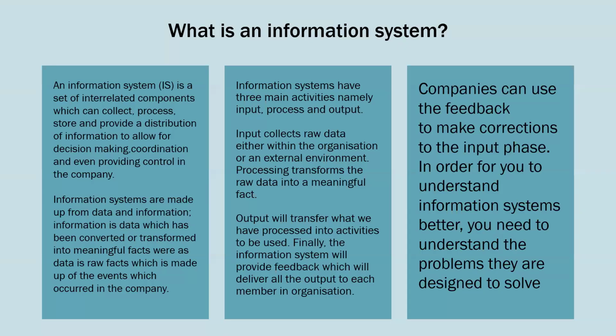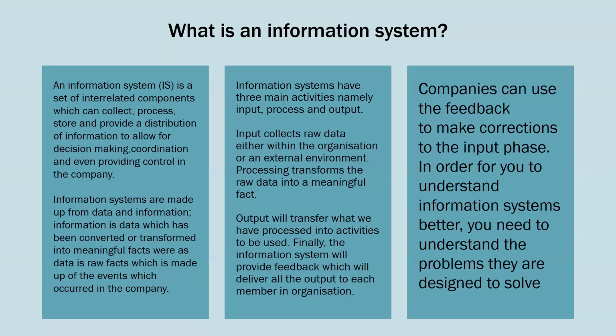So information systems have got basically four processes. There's what we call input, there's process, there's output, and then there's what we call a feedback loop. For the input, you are collecting raw data within the organization or maybe outside the organization. Then in the second step, you process that data into meaningful facts.